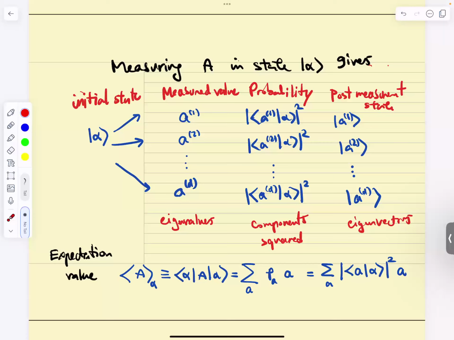Then we describe measurement. I can't emphasize how important this slide is and how magical this slide is. The origin of a lot of counterintuitive things about quantum mechanics is precisely this slide. So imagine you're measuring some observable, which is a Hermitian operator.